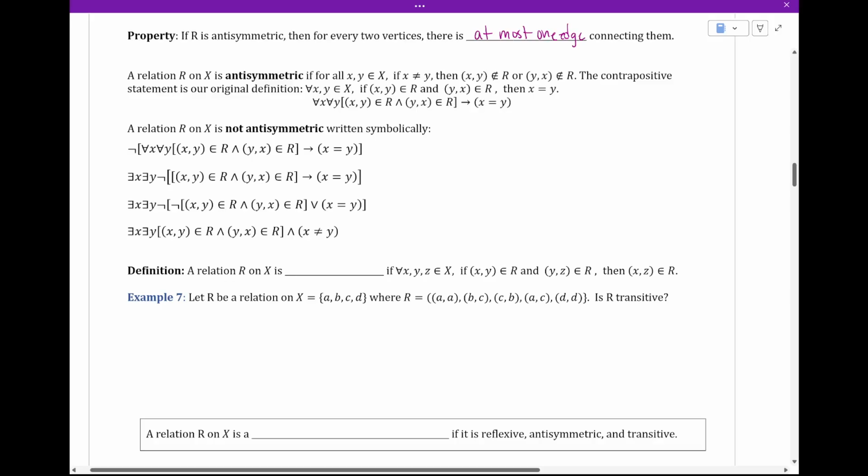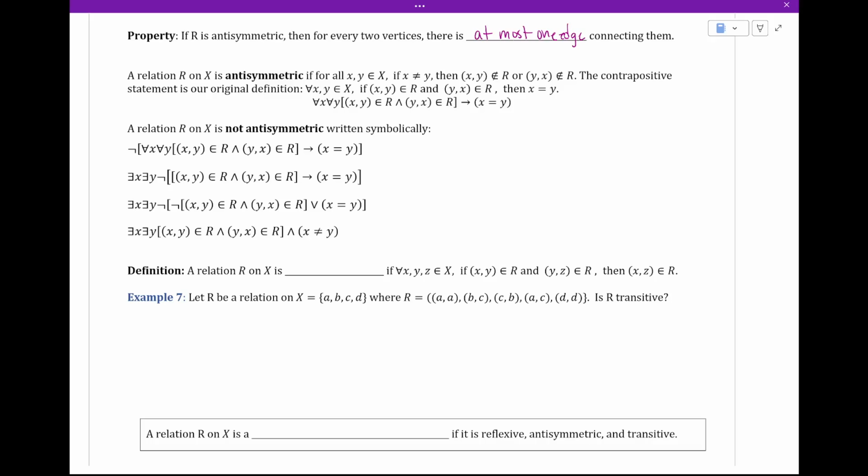A relation R on X is antisymmetric if for all x and y in X, if x is not equal to y, then (x,y) is not in R, or (y,x) is not in R. That's what it means to be antisymmetric. If x and y aren't the same, then one of these two can't be in R, because they both can't be in R. So our original definition is this one: for all x and y in X, if (x,y) is in R and (y,x) is in R, then x is equal to y.